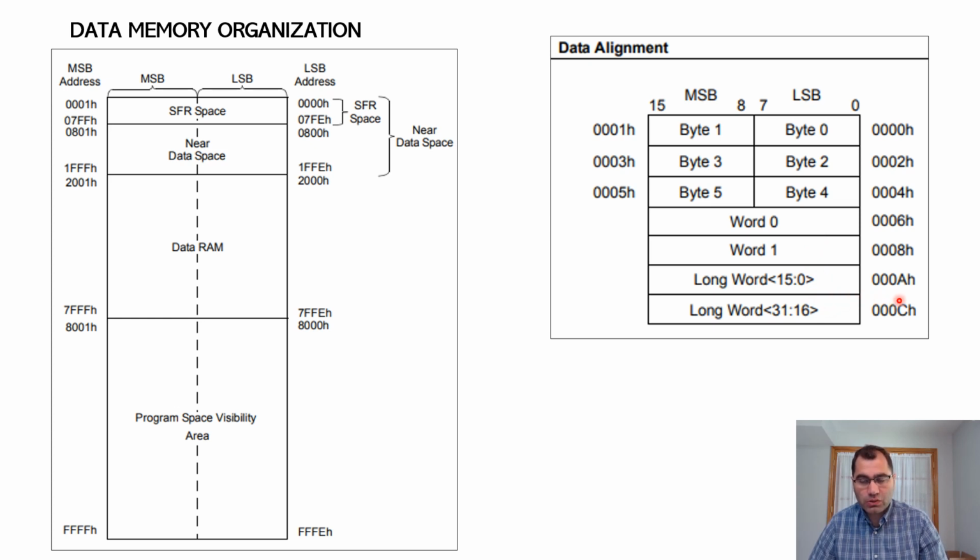We can store the first 16 bits here, which utilizes 2 address locations, and then the most significant 16 bits here. That's how data alignment works in our microcontroller.